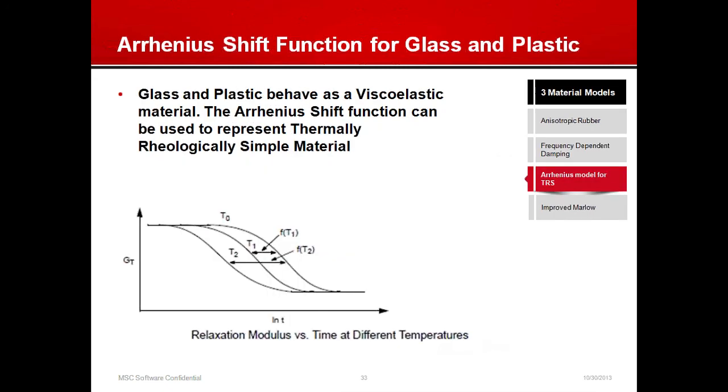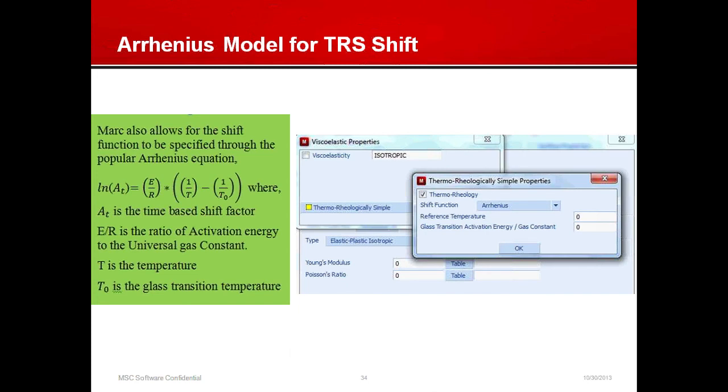We also introduced a new shift function for viscoelastic materials, traditionally, again, either rubber-like materials or plastic materials. And this is the Arrhenius shift function, which is an exponential function to allow us to define this shift behavior.